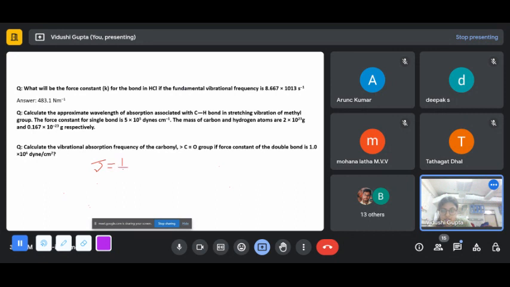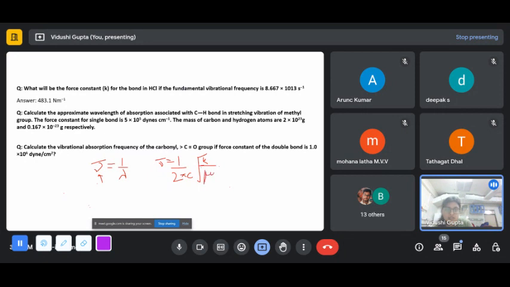You know this. So now for this wavelength, you need to know the value of this. So you know this formula. It will be 1 by 2 pi c under root k by mu.